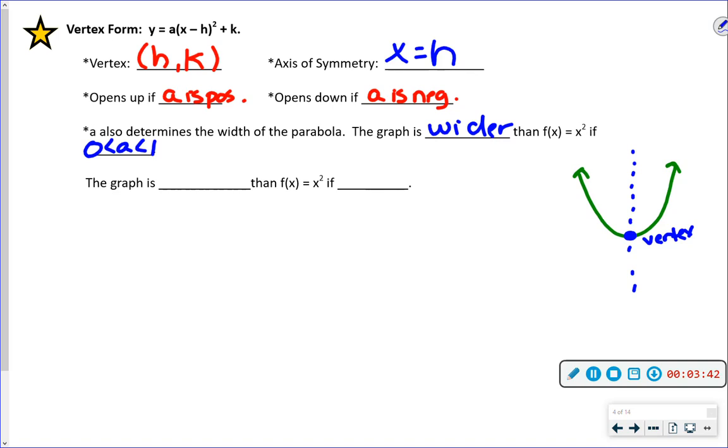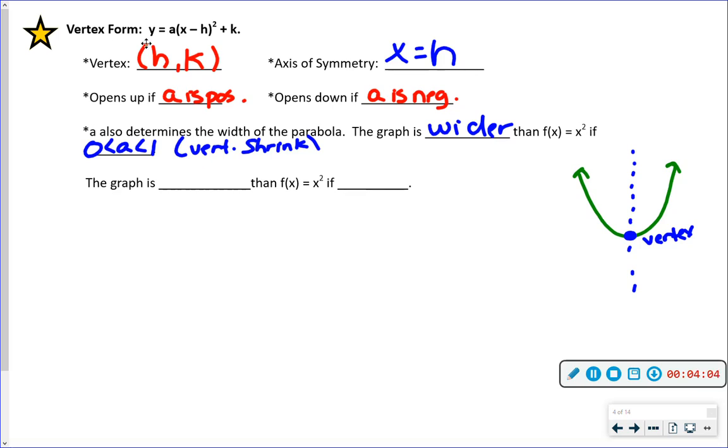So if a is between 0 and 1, that is really, just to get fancy, your vertical shrink. It widens out your parabola. So let's say you had 2/3 x squared. 2/3 is between 0 and 1. It makes it wider than your original parent function of 1x squared.